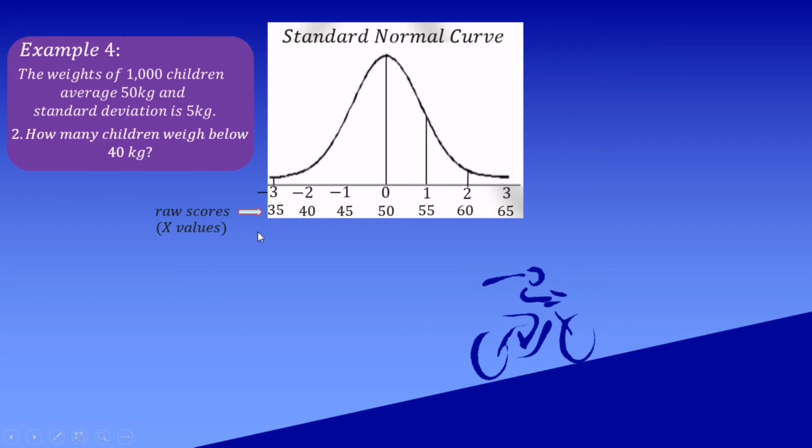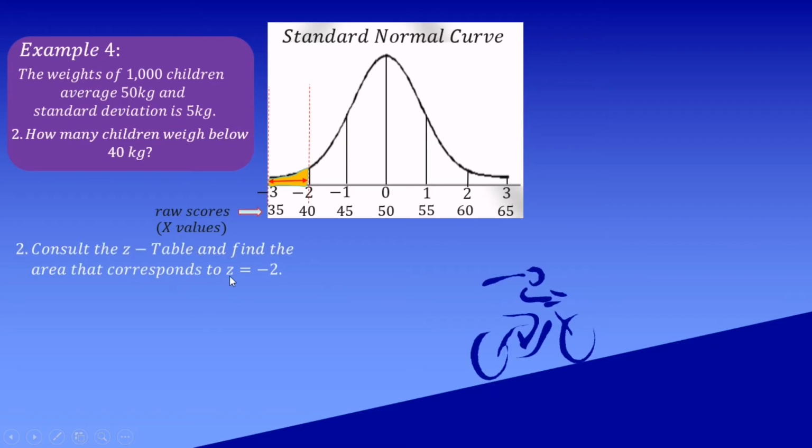Then draw a line about z-scores and x-scores. Since we are asking for the children weigh below 40 kilograms, so negative 2 corresponds with the 40 kilograms. So ang sukatin natin yung below 40 kilograms or the negative 2. Yan ang ating shaded region.